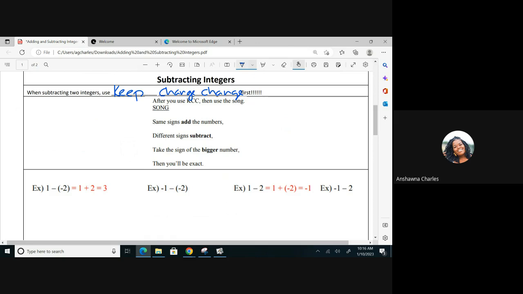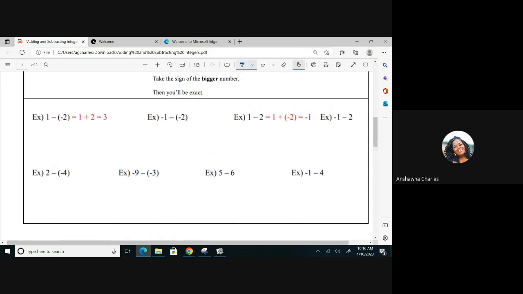Okay, so let's practice that. Look at this example here. They did it all the way out for you, but I'm going to write it out too. So they had one minus negative 2. So you keep, change.